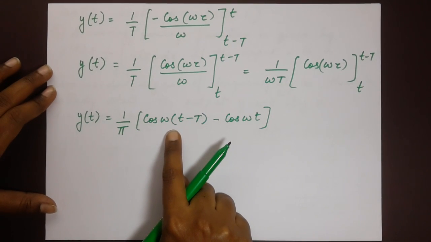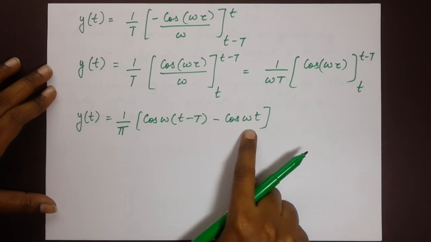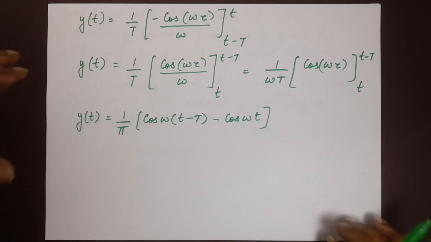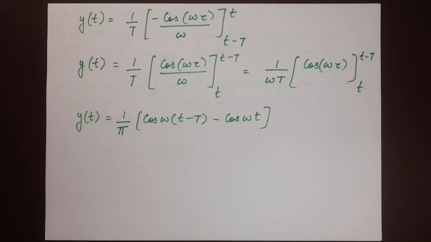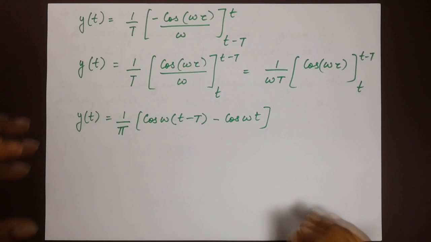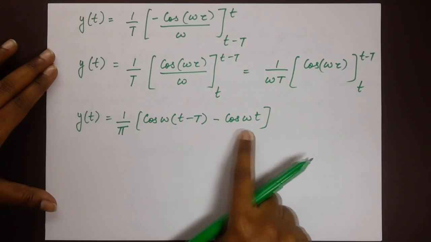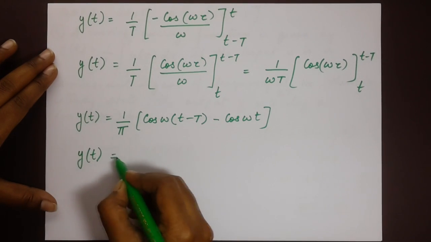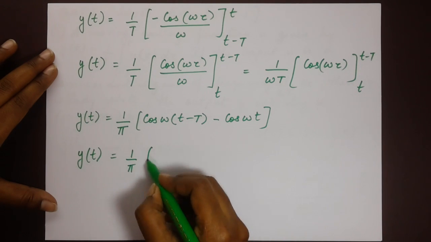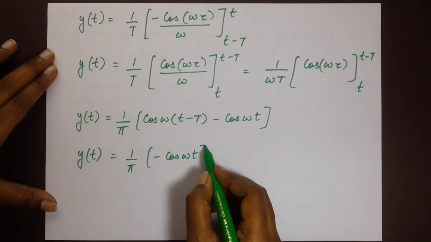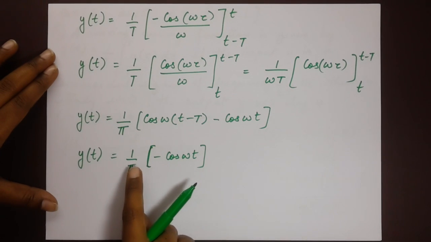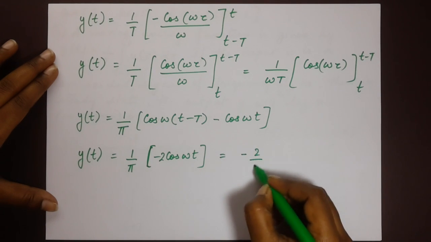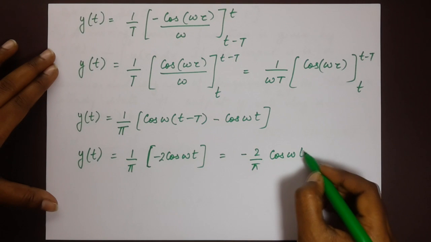Now here let's look at this as cos A minus cos B. You'll have to recall the trigonometric identities, the sum as products formulas, so that we can convert cos A minus cos B and simplify it as much as possible. And when we do that, we get 1 by pi into minus 2 cos omega t. So this gives us minus 2 by pi cos omega t.